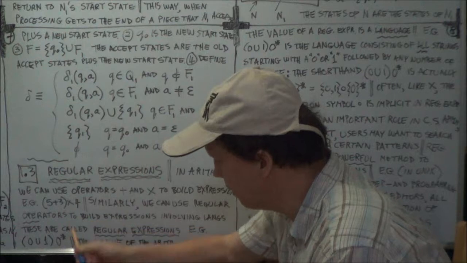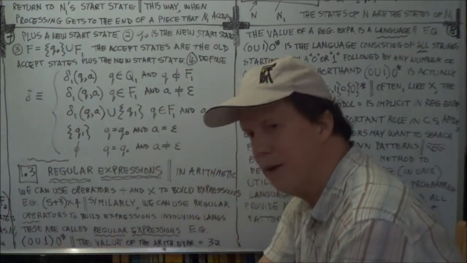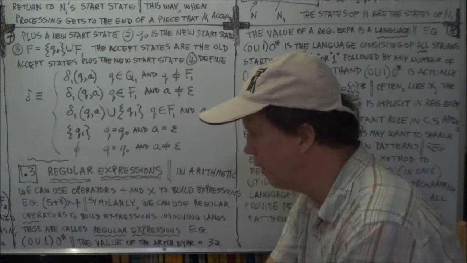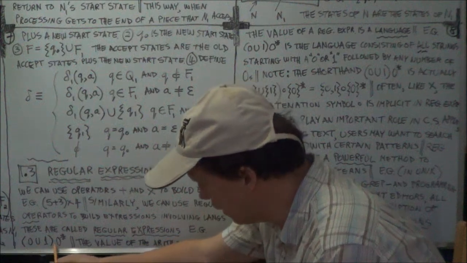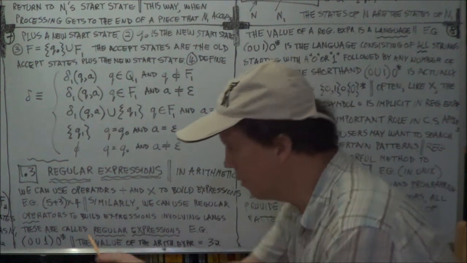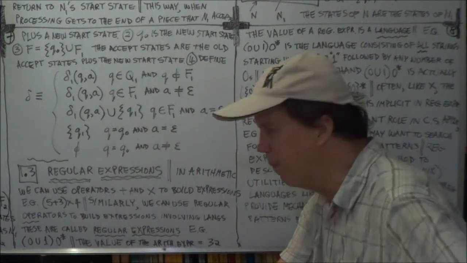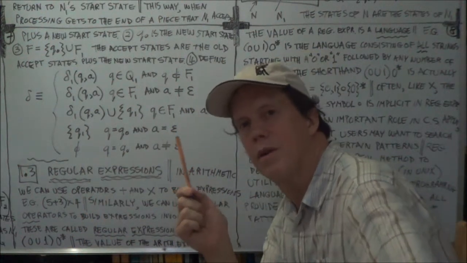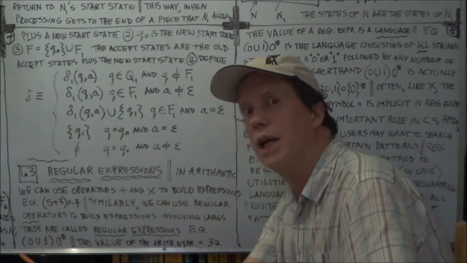The terms here, if you like, are languages. The operators, like union, concatenation and star, are regular operators. The whole thing is a regular expression, and a regular expression results in a language.